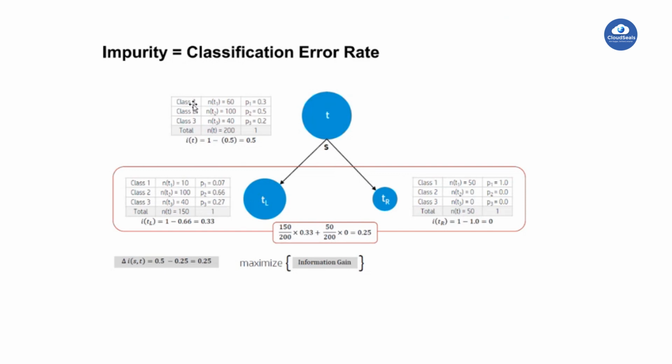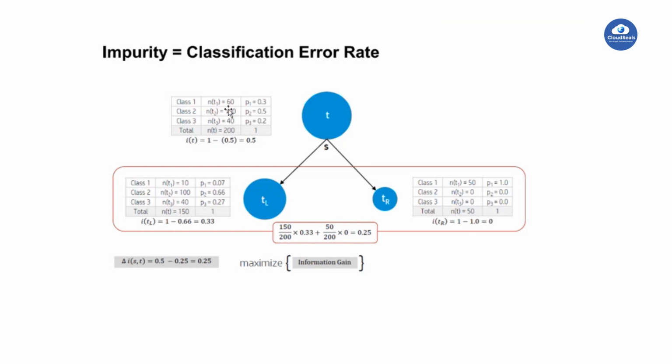Out of three classes, we have calculated for class 1. Let's take one independent variable. In total, how many records does it have? 200 records. Out of the 200 records, 60 records are related to class 1, 100 records are related to class 2, and 40 records are related to class 3, depending on this independent variable.